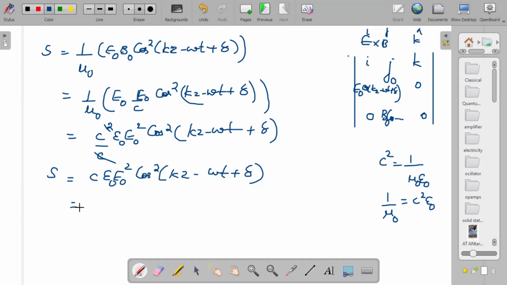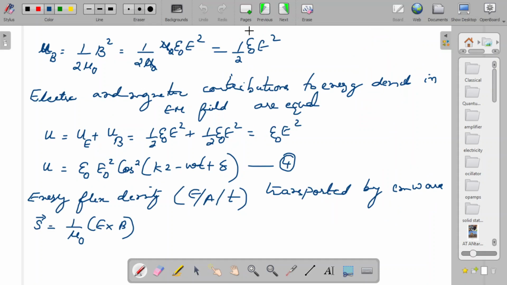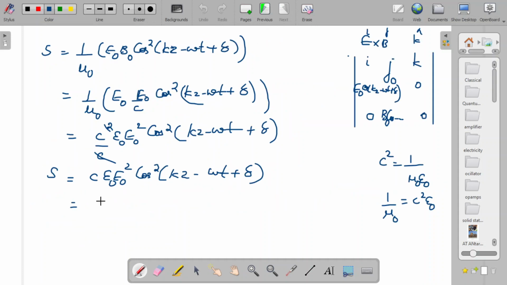So now what is this epsilon 0 E0 square cos square kz minus omega t plus delta? Just see here. What is u? Epsilon 0 E0 square into cos square kz minus omega t plus delta is u. So then I can substitute for this, right?